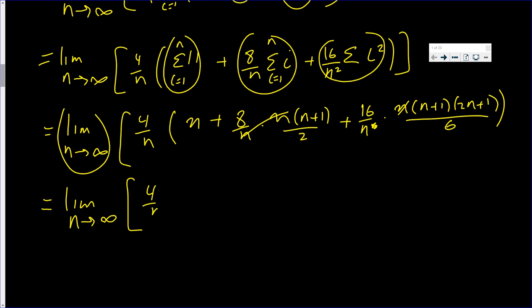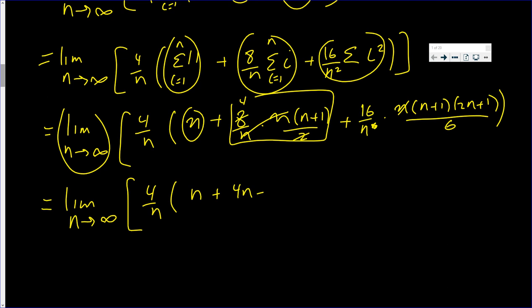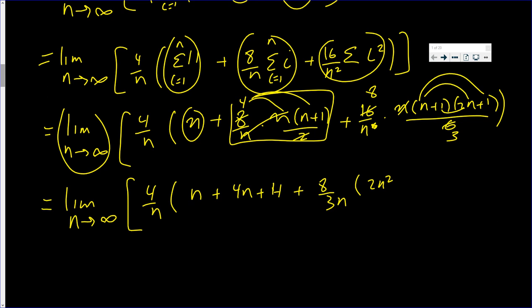We definitely have our 4 over n factored, and this is just n. 2 goes into 8 4 times, so this piece becomes 4n plus 4, distributing the n, the 4, and this becomes 8 over 3n times 2n squared plus n plus 2n, that's 3n, and finally plus 1.